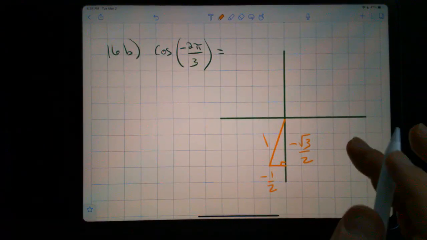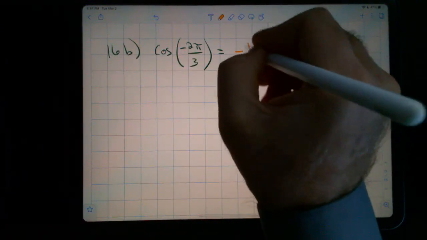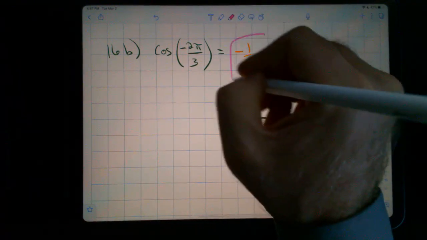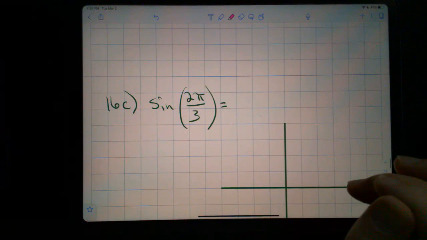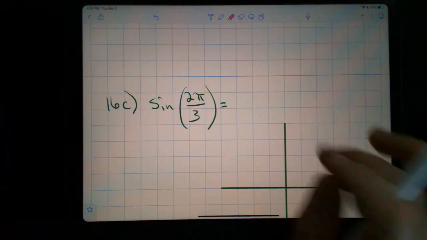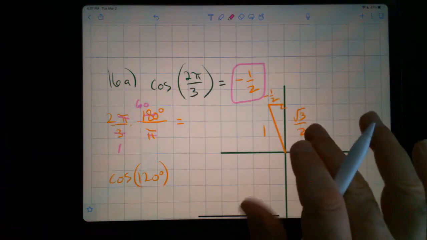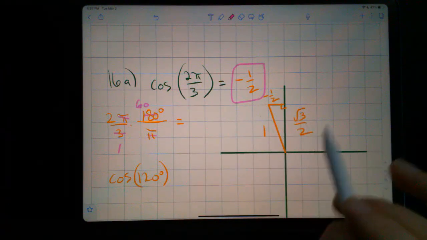So this is cosine, which is the x value. This tells us we have negative 1/2. Sine of 2 pi over 3. This one. Sine is your y value, radical 3/2.